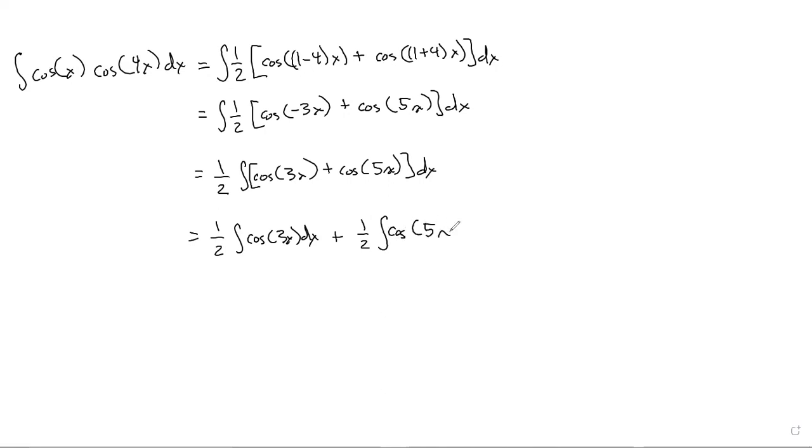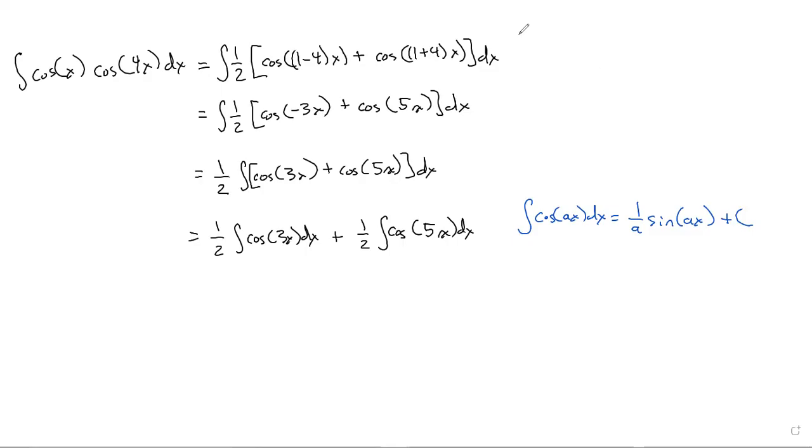And when we do this, we now can go ahead and use our formula that the integral of the cosine of ax is the same thing as 1 over a sine ax plus a constant.